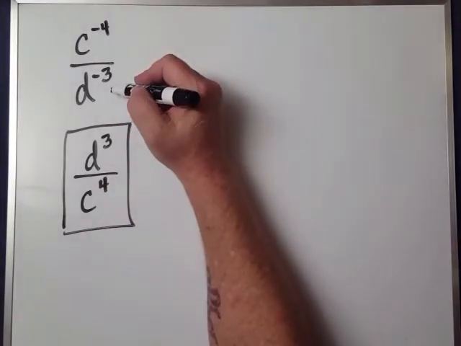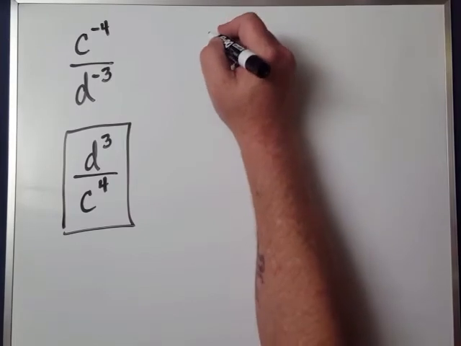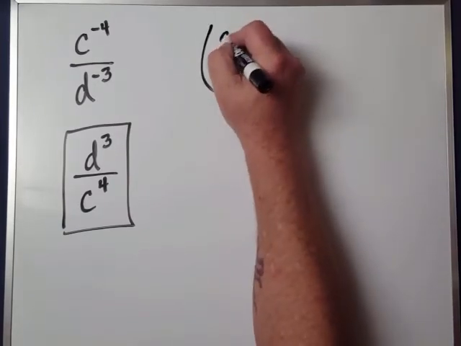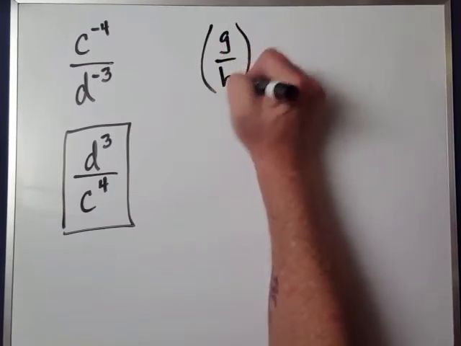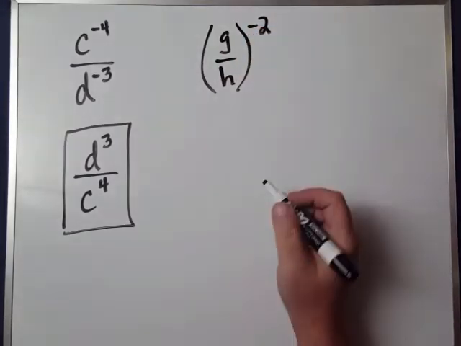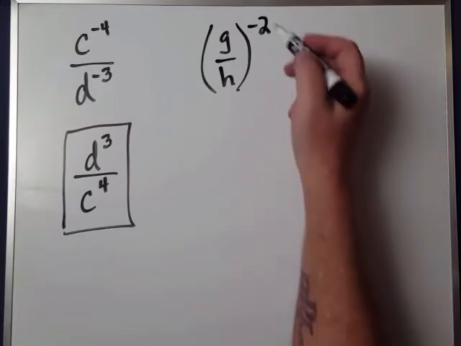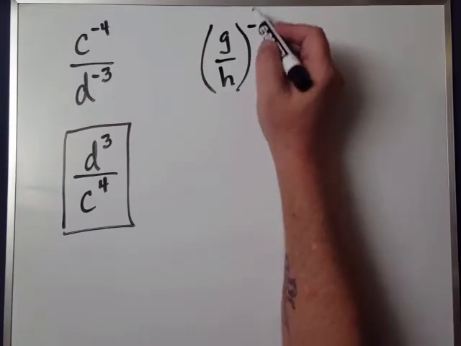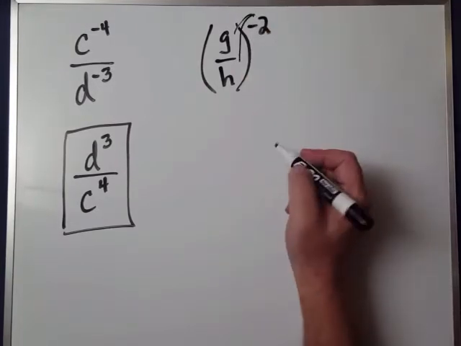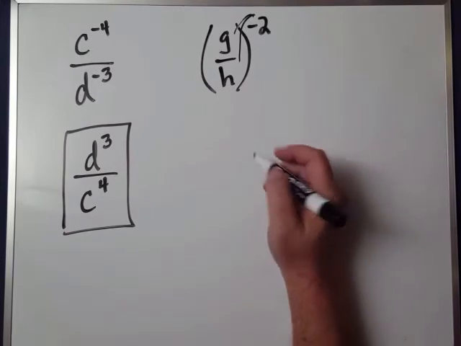While we're talking about fractions, let me go ahead and do this one. Let's say I have some fraction raised to a negative power. Well, we know from the previous section I can distribute this power in on the top and bottom of my fraction.